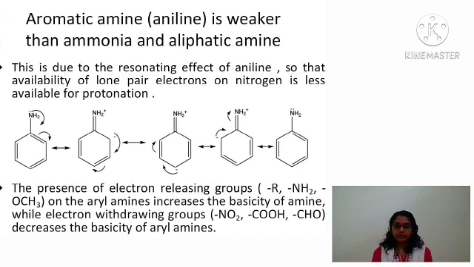But if an electron withdrawing group like an aldehyde, acid or nitro group is present on an aromatic amine, it will decrease the basicity of the amine. That means the nitrogen won't be available for protonation.